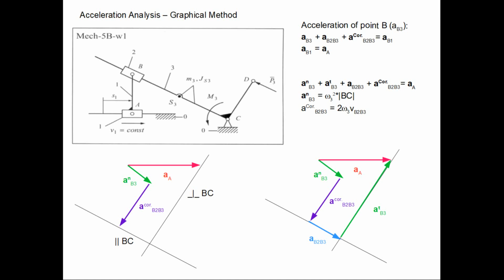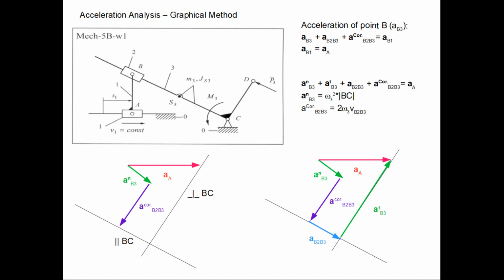So as before, the absolute acceleration of a point B must be equal to the acceleration of a point A, because the rod BA is fixed, and there cannot be any changes in acceleration between these points.